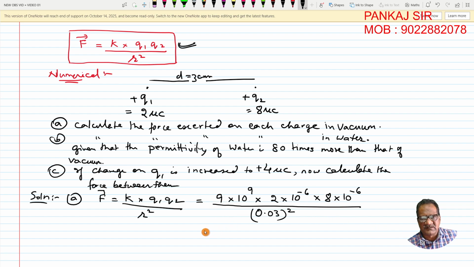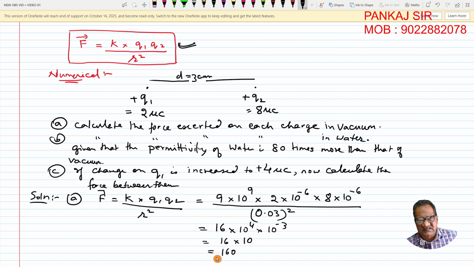And when you work this out, you should get 9 into 2 into 8, so you'll get 16 times 10 to the power of 4, which works out to 160.